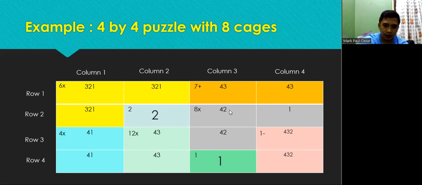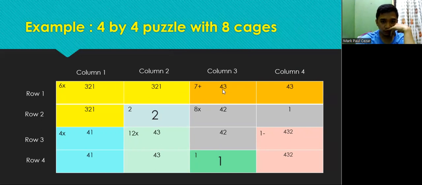Did you get that for this target number? Next, we have our target number 7 and the mathematical operation of addition. So what numbers could we add so that it could give us 7? Remember that we are using a 4 by 4 puzzle. That's why we can only use 1, 2, 3, and 4. So we can use 4 plus 3 to have a sum of 7.